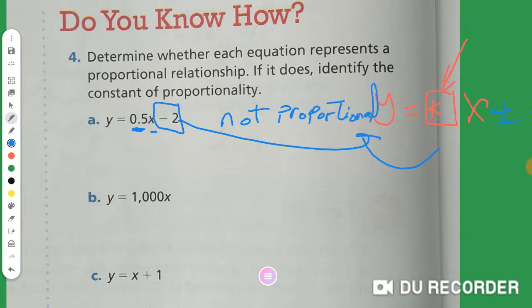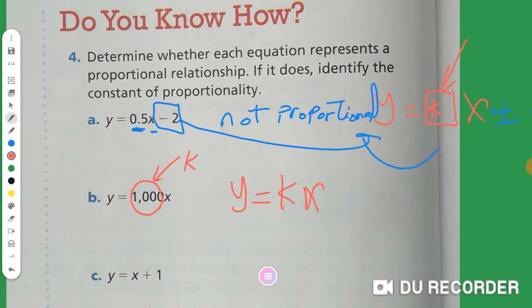What about the next one? y equals 1000x, which means 1000 multiplied by x. Is this in the form y equals kx? Yes, that's right. k here equals 1000, so the constant of proportionality is 1000.